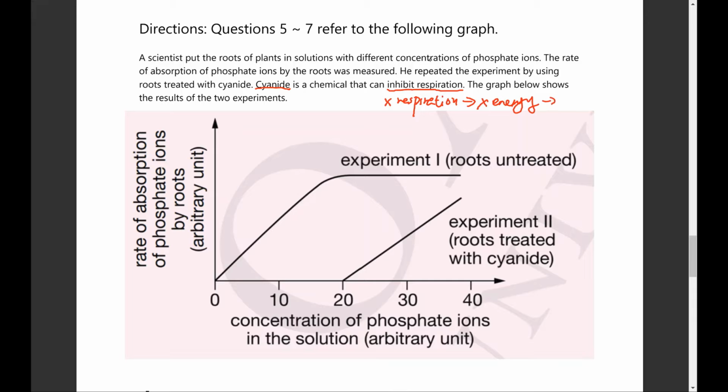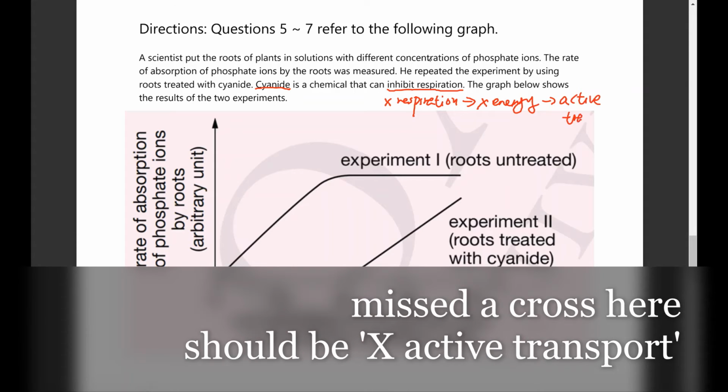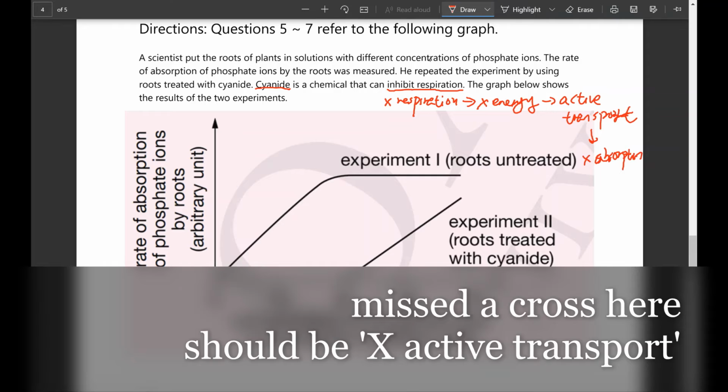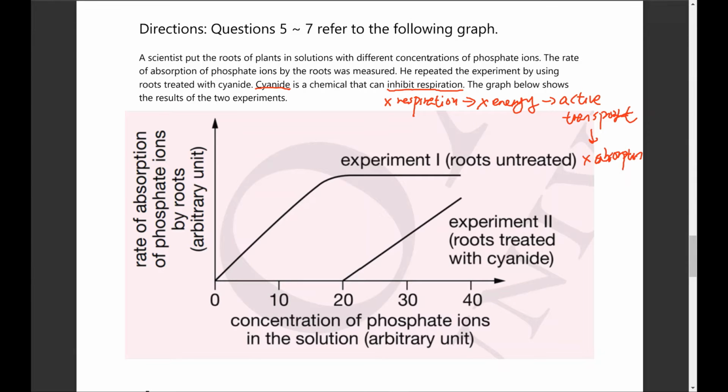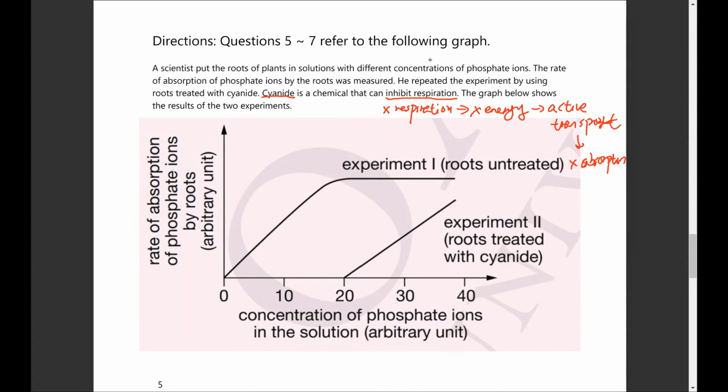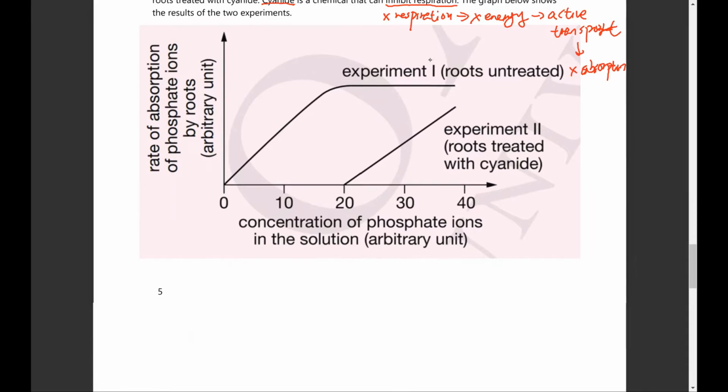With no energy released, the plants in experiment 2 could not perform active transport, so there is no way they could absorb phosphate ions. Okay, so try to understand what's happening behind the experiments.